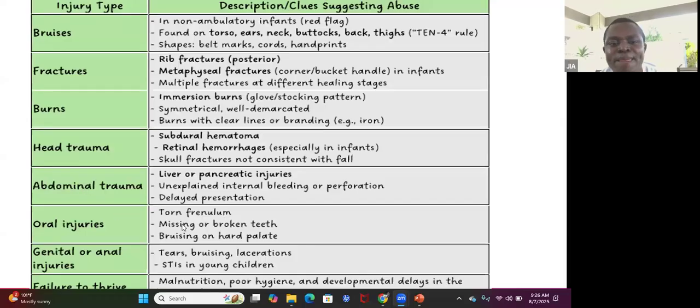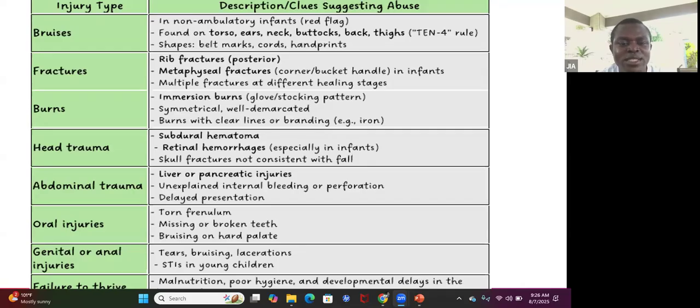Then abdominal trauma, liver or pancreatic injuries, they are all found in the abdomen. Unexplained internal bleeding or perforations, suspect abuse. Then delayed presentation: when they delay to bring the child to hospital, you should also suspect.